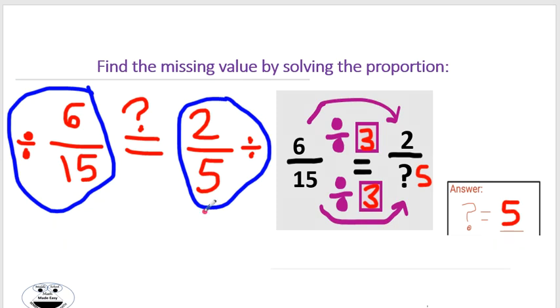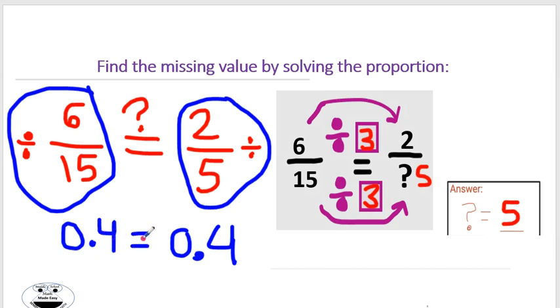And here, when we put this on the calculator, we get 0.4. And here we get 0.4. And is 0.4 equal to 0.4? Yes, it is. So this means that these ratios are equal, which means it is a proportion.